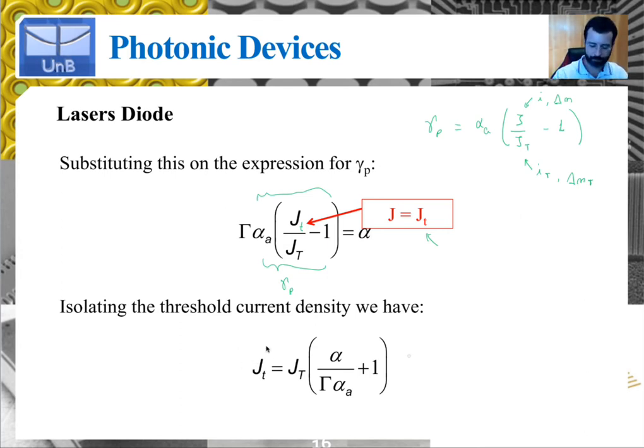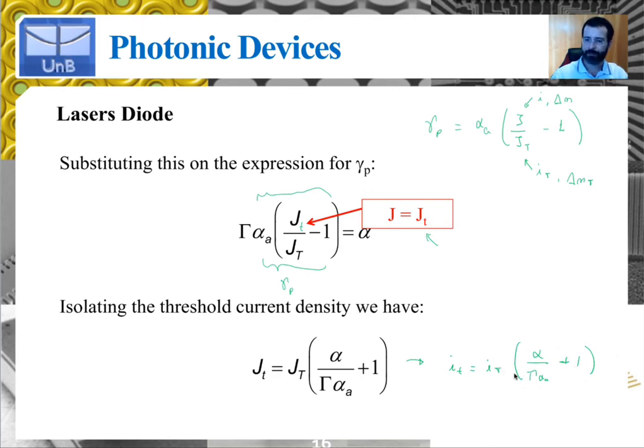Obviously, we could write that I lowercase t would be equal to I, the transparency current, multiplied by alpha divided by gamma times alpha A plus 1. Okay, and we would derive it in a similar manner. But we see here that the threshold current is equal to the transparency current multiplied by a term.